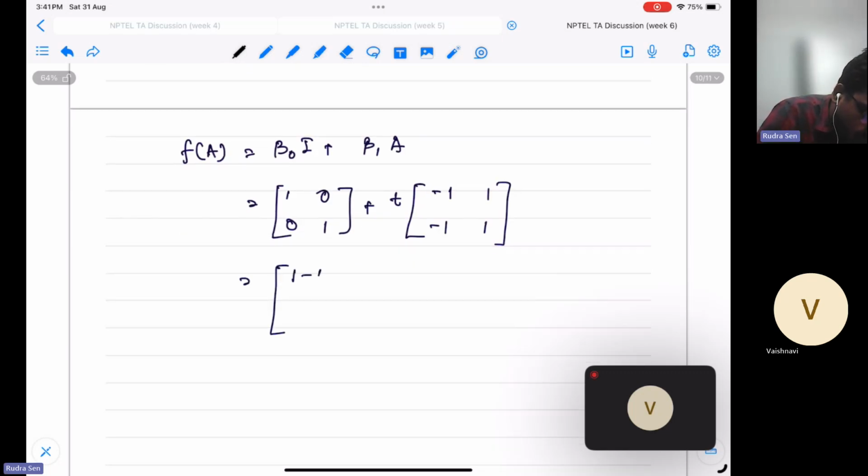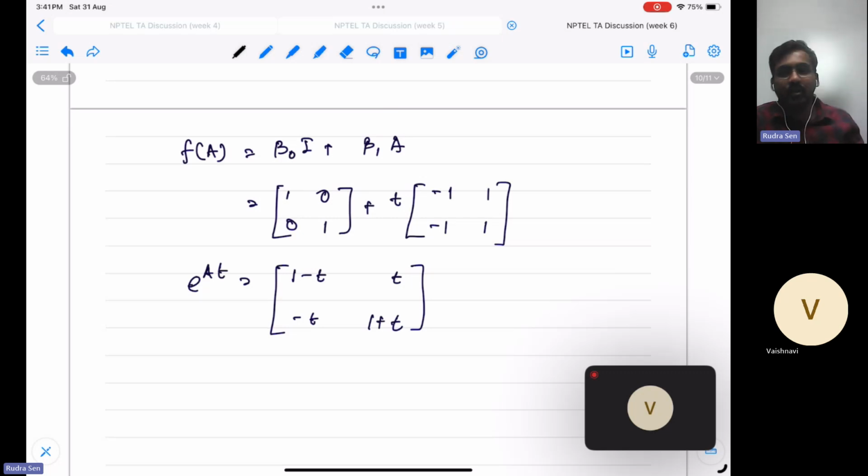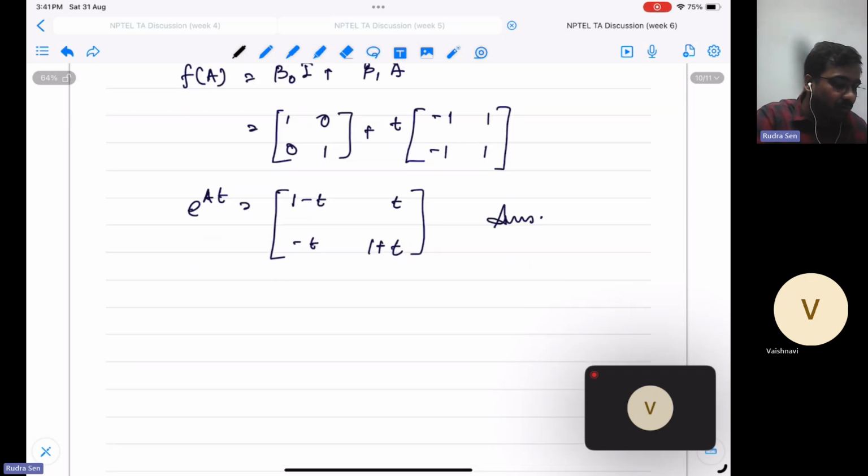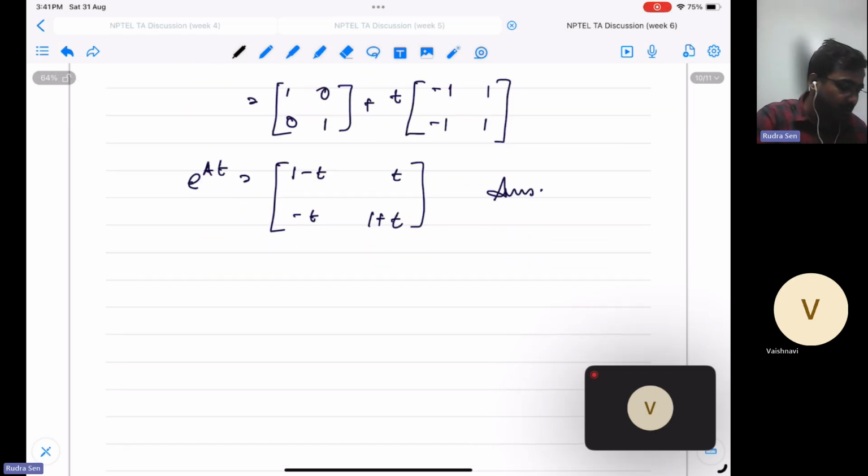It is [1 minus t, t; minus t, 1 plus t]. So here we get the e to the power at using the Cayley-Hamilton theorem, right? Is it clear? This is clear to you, right? So now move to the next segment.